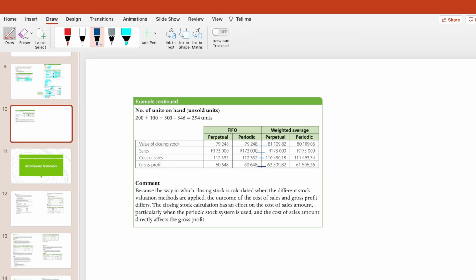And because of the way in which the closing stock is calculated when the different stock valuation methods are applied, the outcome of the cost of sales and the gross profit differ. The closing stock calculation has an effect on the cost of sales amount, particularly when the periodic system is used, and the cost of sales amount directly affects the gross profit.